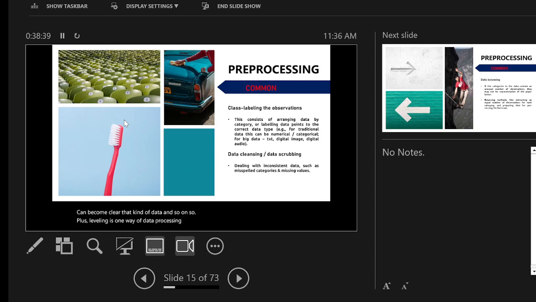The next one is data cleansing, or data cleaning, or data scrubbing, the one we are talking about now. This one mostly deals with inconsistent data such as misspelled categories and missing values. You can have data that has missing values before analysis, and you will learn later how to deal with it. Let us say we are talking about the age of students in a class.